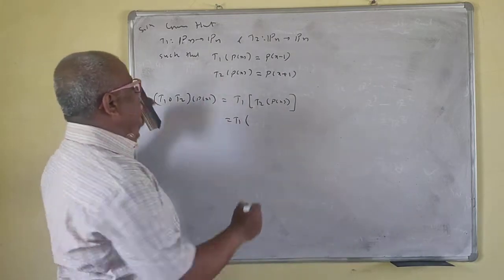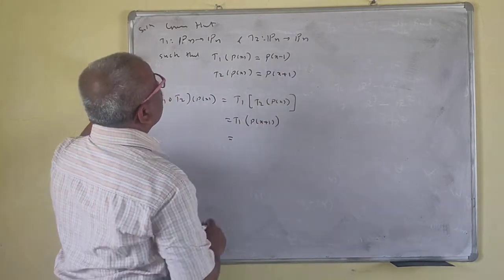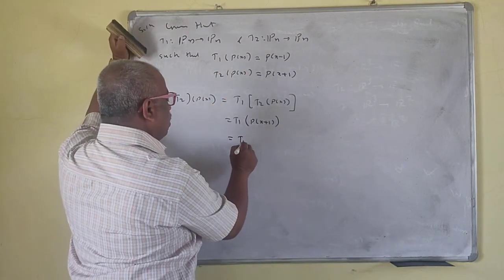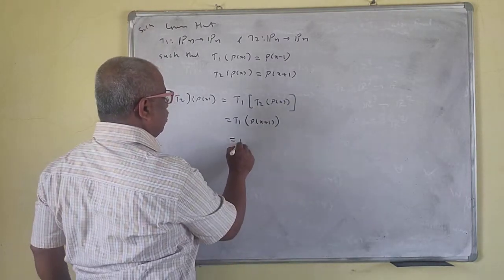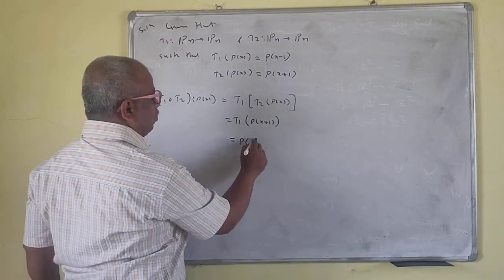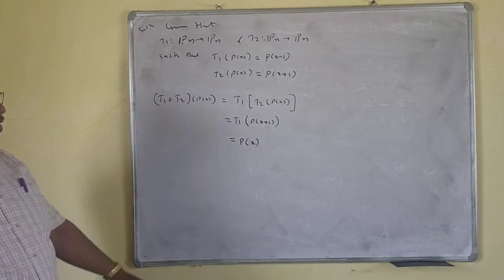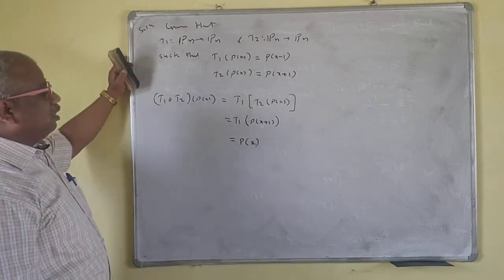T2 of P(x) is P of x plus 1. Now T1 of P(x): replace x as x minus 1. So this is equal to P(x) only, because you have to replace x as x minus 1, and x minus 1 plus 1 is x.